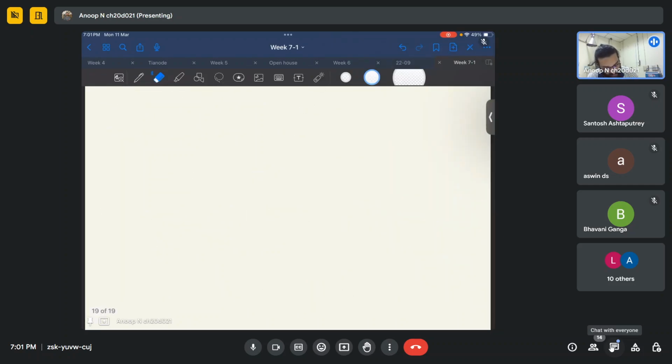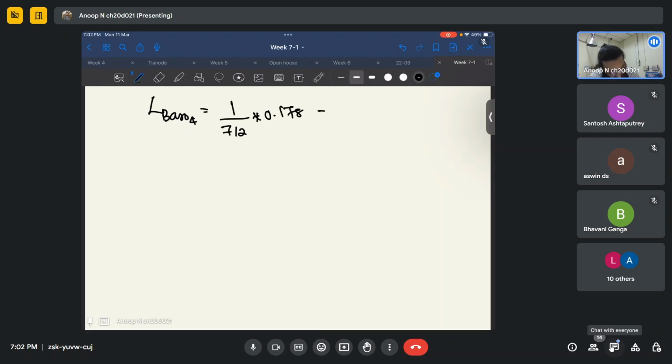I haven't calculated the value, so we'll directly calculate kappa. Kappa of K2SO4 is equal to 1 by 712 into 0.178. What will be the value?